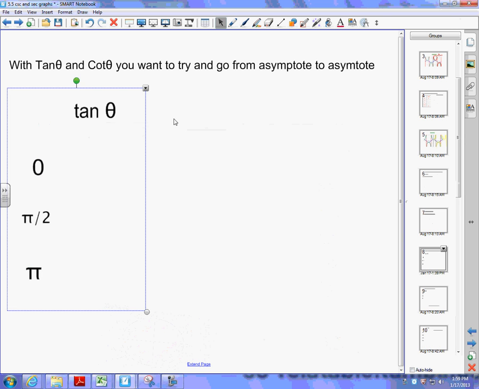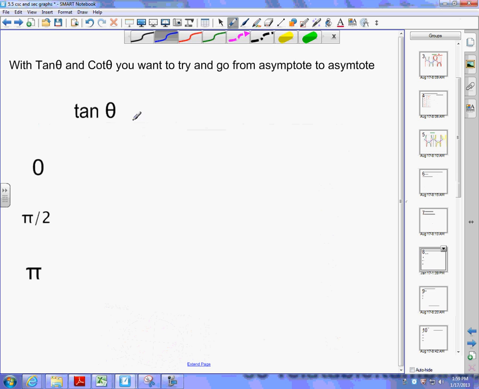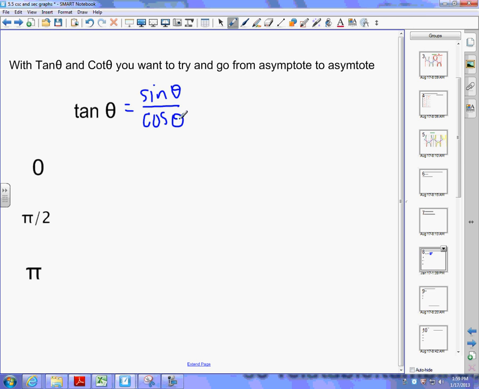So we know tangent is the same thing as a sine over a cosine. And you guys have these values in your tables, but it's good to see where they come from again.